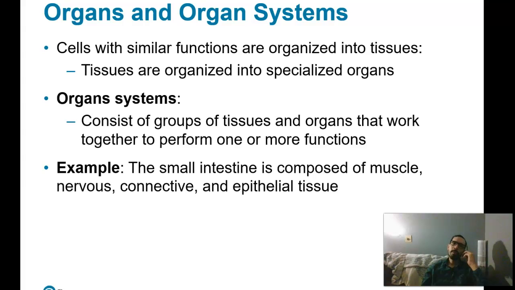Okay, so cells with similar functions are organized into tissues, and those tissues are organized into organs. Then the organs make up organ systems, which consist of groups of tissues and organs that work together to perform one or more functions. For example, the small intestine is made up of the four types of tissue: muscle, nervous, connective, and epithelial tissue.